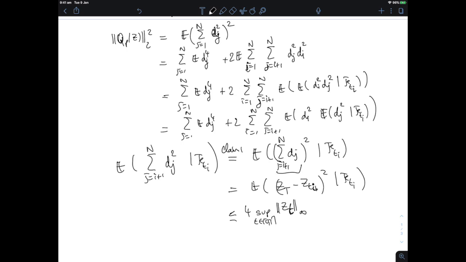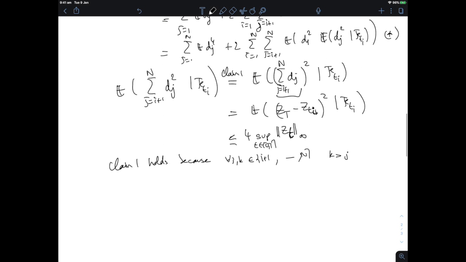Okay, now this would be helpful. This will allow me to conclude my argument here in star, but I need to prove claim 1. So claim 1 holds because if I have a j and a k that are between i plus 1 and n, and let's say that k is greater than j, then what happens when I take the expectation of d_j d_k given F_{t_i} is the following.